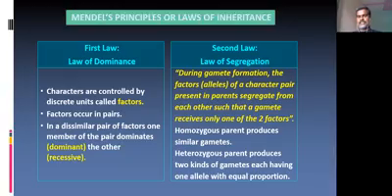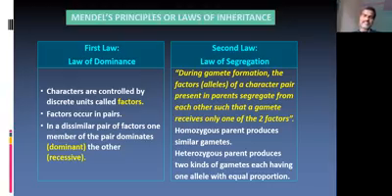Factors always occur in pairs, and in a dissimilar pair of factors, one member of the pair will become dominant, and the other will become recessive. That is why it is called law of dominance. The dominant character is expressed, and the recessive character is suppressed, not expressed.